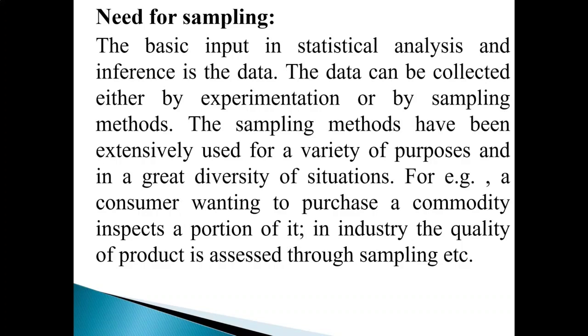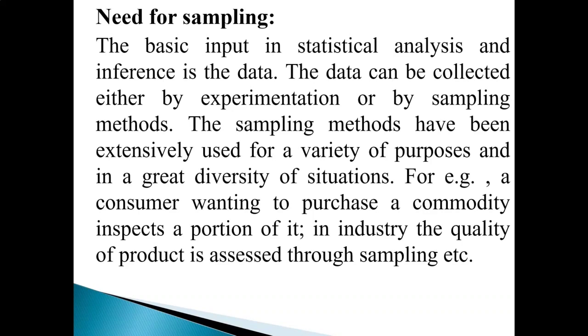If an industry wants to verify the quality of its product, it will take a sample from that commodity and observe whether the commodity is up to the standard mark of that particular industry, which has been producing this commodity year by year. In agriculture also, the quality of insecticides or pesticides used in the field could be tested through sampling.